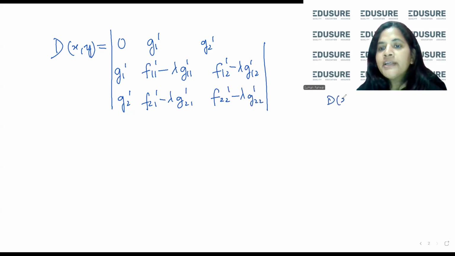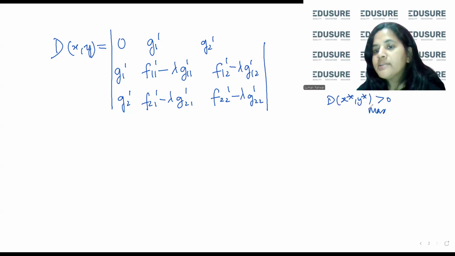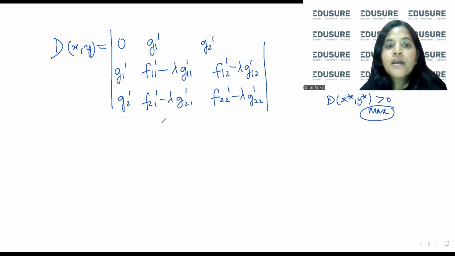If this determinant at x star, y star is positive, we will have a maximum. This is the sufficient condition.